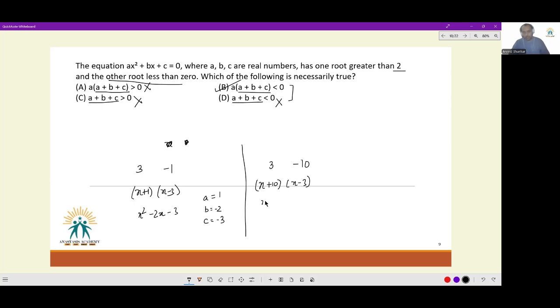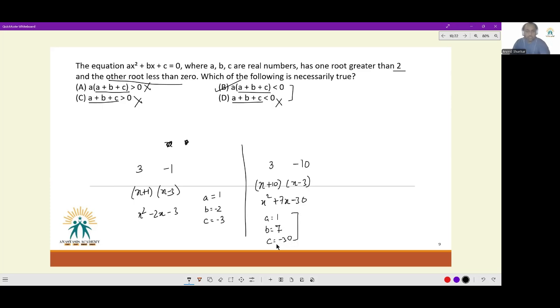This will give us x squared plus 7x minus 30, which gives us a equal to 1, b equal to 7, and c equal to minus 30.